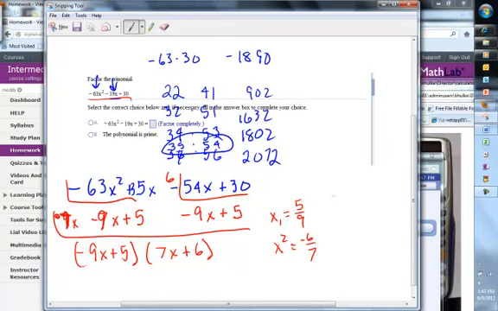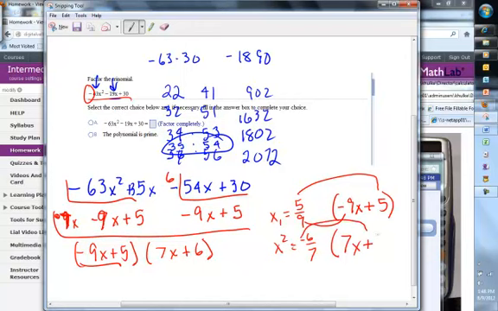So we need to have a negative sign in this first one, so we'll write negative 9x plus 5 because we want to have a beginning negative symbol. This number goes at the beginning, this number goes at the end. 7x at the beginning, plus, we have to change the sign here, 7x plus 6.